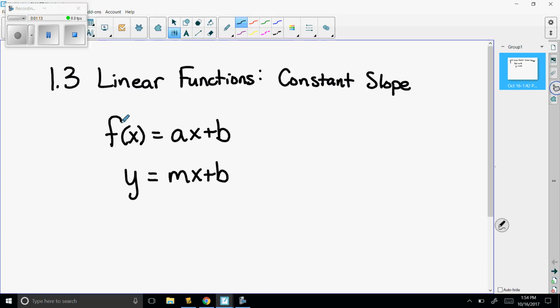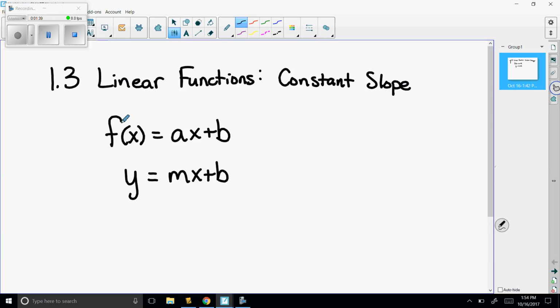When you look at that particular function, or if you are coming up with a best fit line on your graphing calculator, you will notice that it will show it as ax plus b, and they will tell you a is this, b is this. So it actually gives you an equation. If you put in points and come up with a best fit line, it will generate that equation for you. And they use the a and the b.